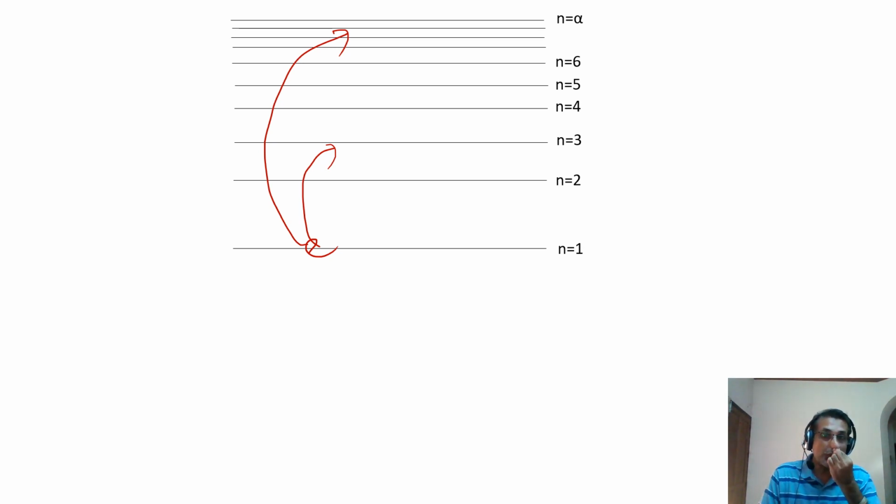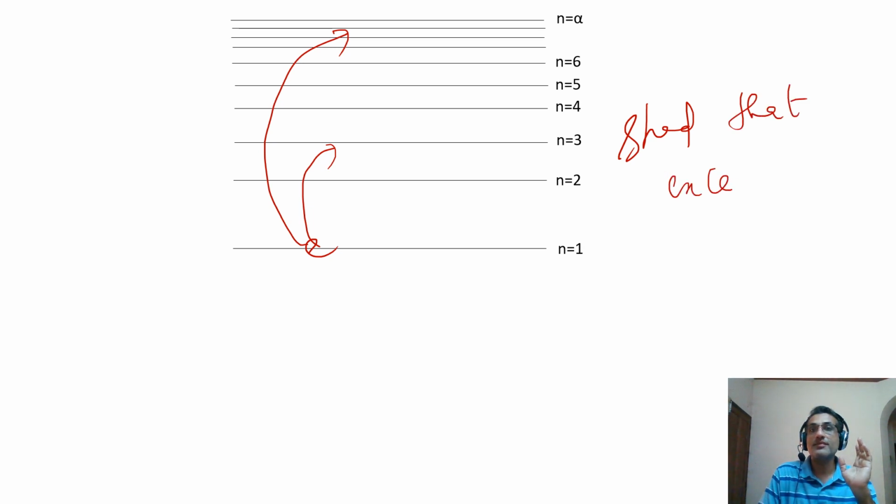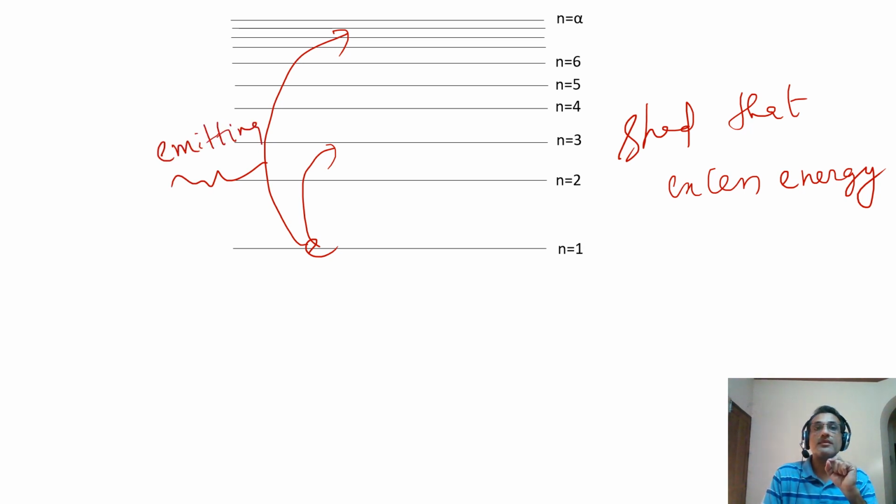So, in order to stabilize whatever excess energy this particular electron has gained, it should shed that excess energy. How can it lose that excess energy? It will lose that excess energy by emitting it in the form of electromagnetic radiations.